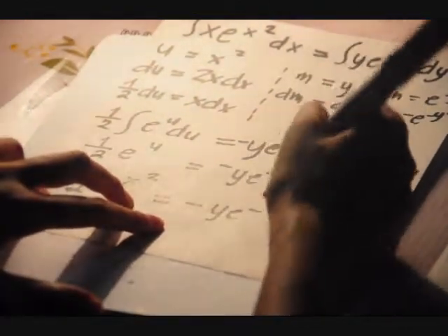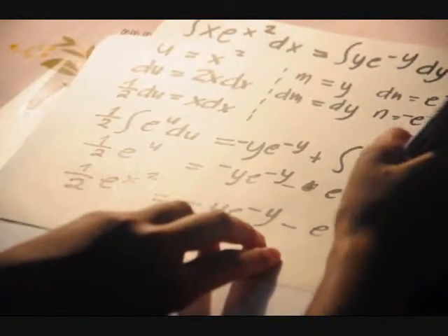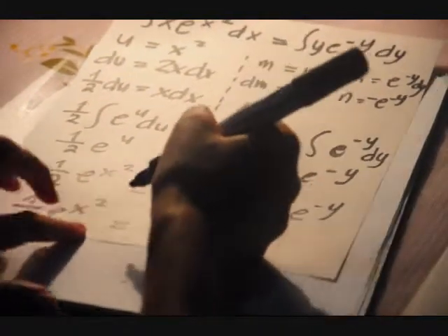So it is equal to 1 half e raised to x squared is equal to negative y e raised to negative y. I'm sorry, this is minus. So negative y e raised to negative y minus e raised to negative y. So it will now become 1 half e raised to x squared is equal to e raised to negative y times negative y minus 1.